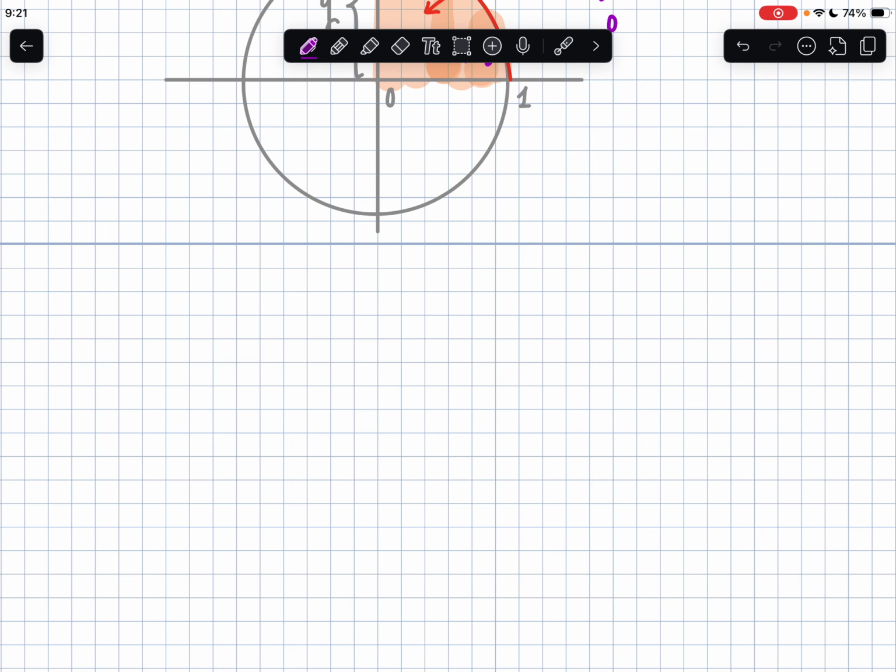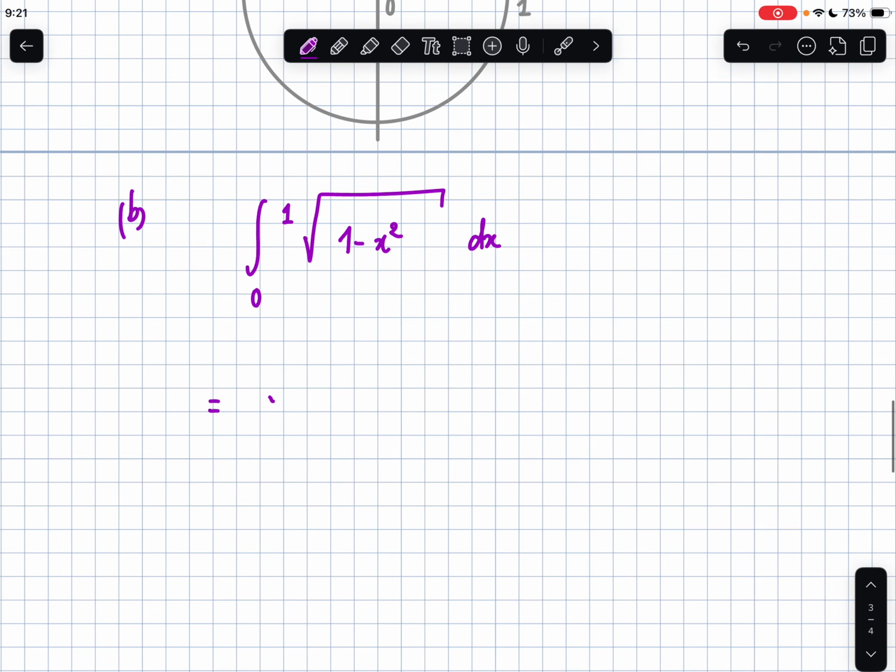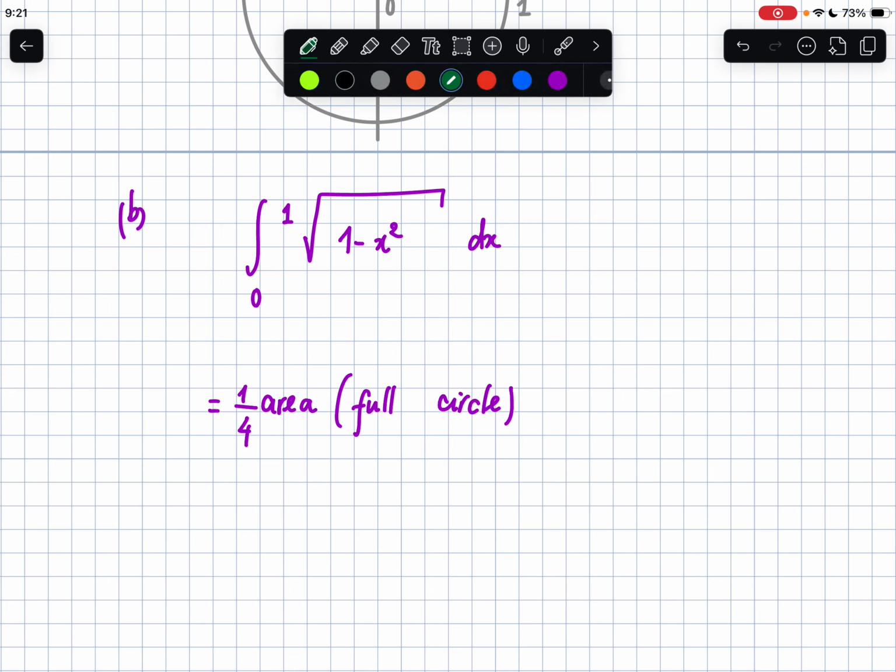The second part is easier, so I do it now. The integral from 0 to 1 of square root of 1 minus x squared dx is an area, actually 1 divided by 4 of the area of the full circle. Recall that for a circle of radius r, the area is pi times r squared.